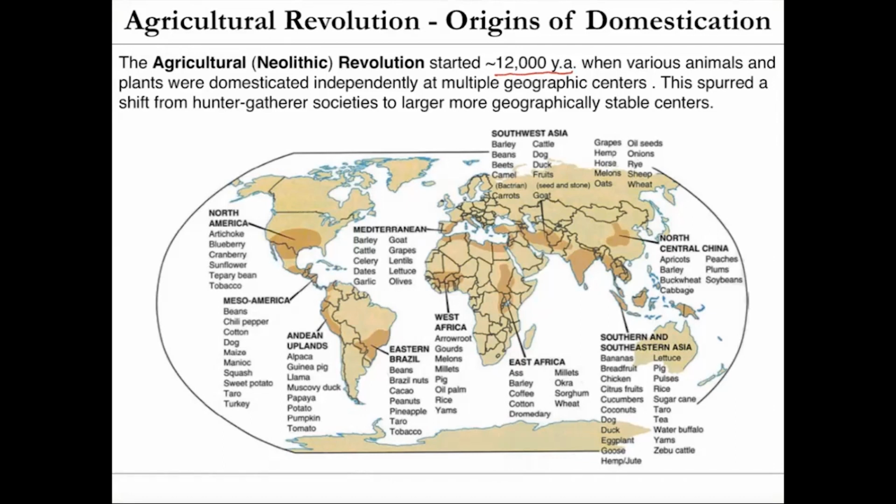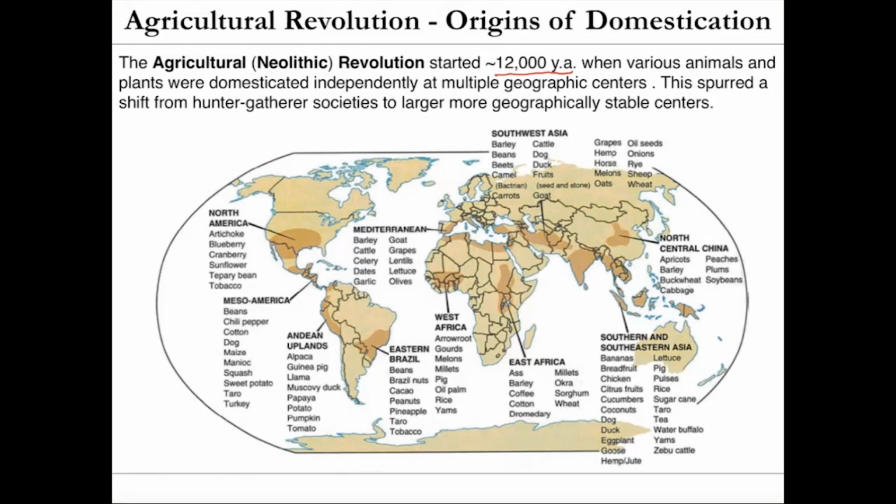That corresponds with the end of the last ice age, basically when the glaciers that covered most of the world, at least the northern hemisphere, began to retreat and open up a lot of different new lands. This spurred an agricultural revolution independently in lots of different areas across the globe. The dates for this vary significantly.